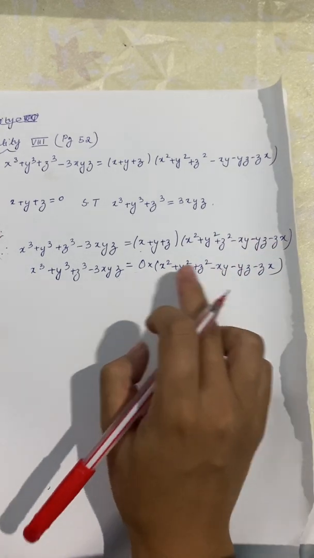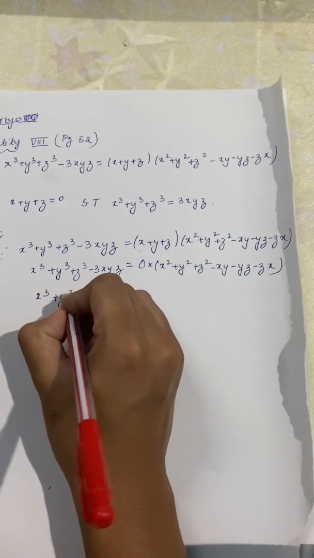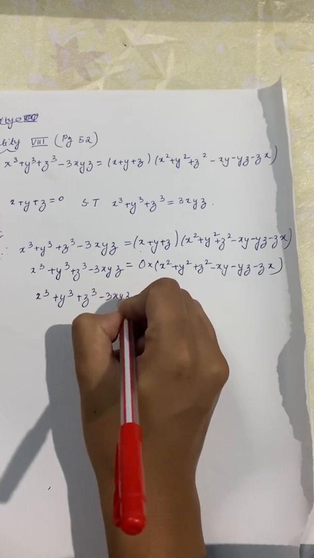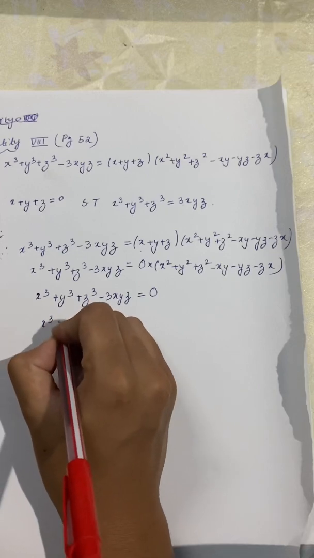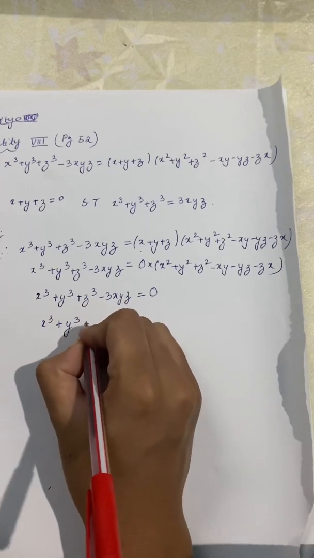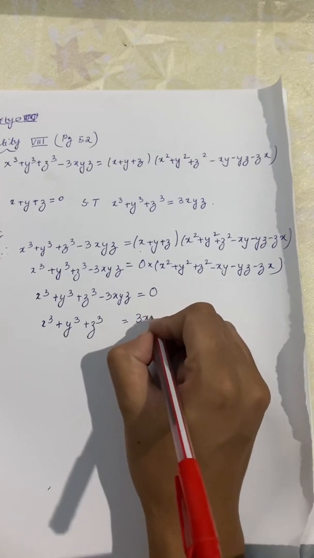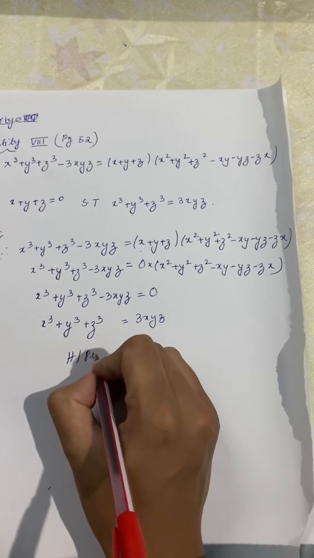Now 0 into anything is always 0, right? When you multiply any number with 0, you get 0. Therefore, x cube plus y cube plus z cube, take 3xyz to the right hand side. What do you get? 3xyz.